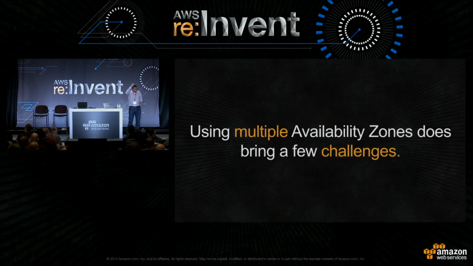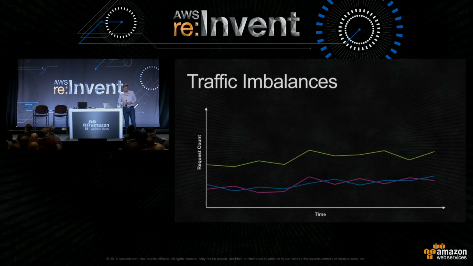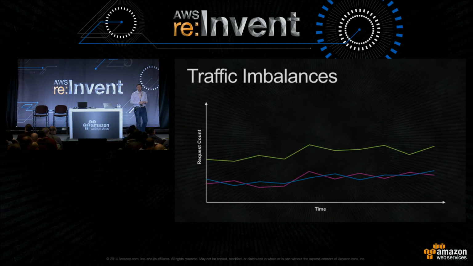There are a few challenges. I'm sure some of you, when I spoke about Route 53 and clients resolving DNS, may have laughed a bit and said, well, a lot of clients don't do that. We'll talk a little bit about that now. The first challenge is traffic imbalances. We've seen this with customers where some of the older clients might be TVs or tablets.